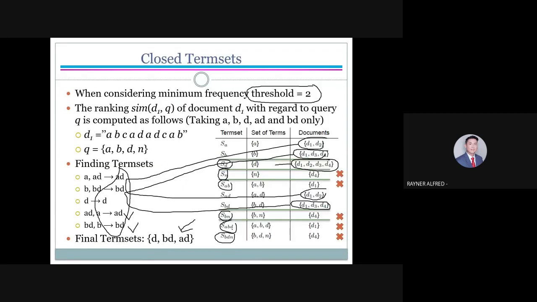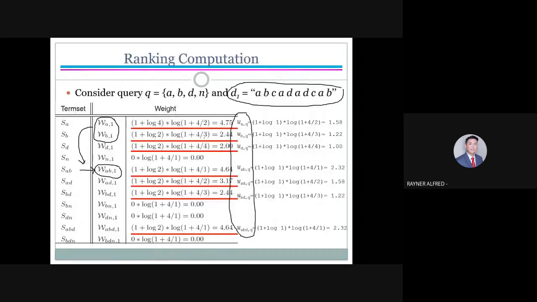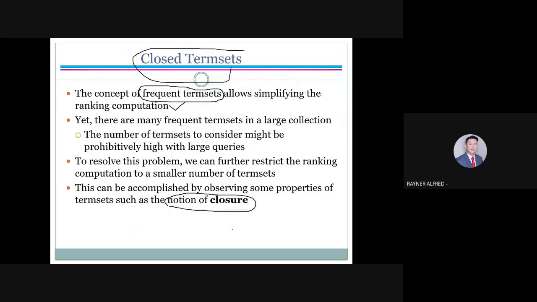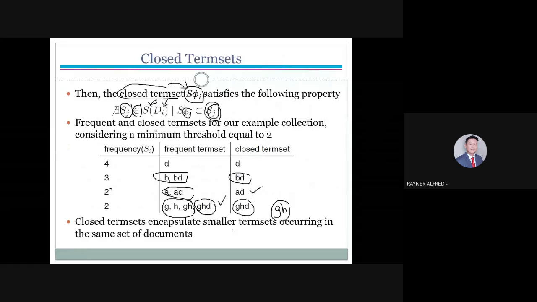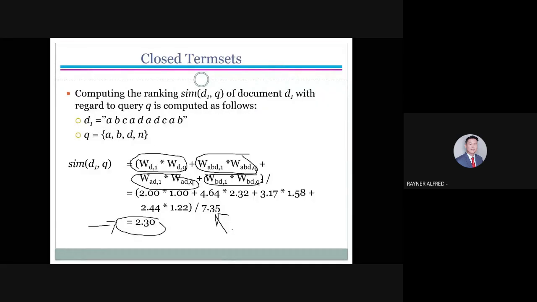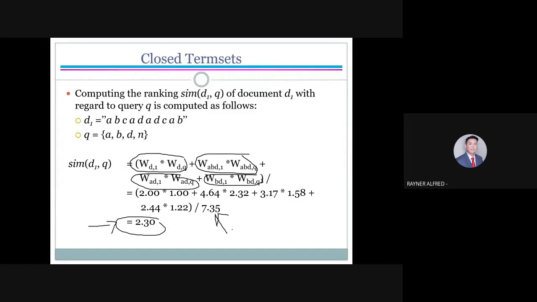So notice that from here, we use 7 of them. This is without the closed term set and without the frequent term set. And if we simplify them, then we get 4, so we have less computation.